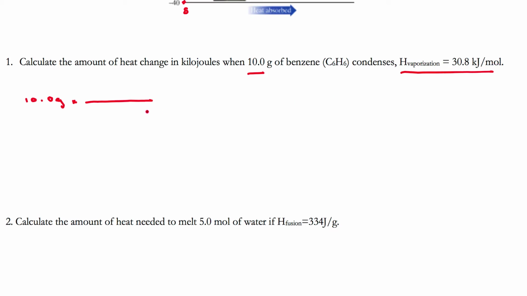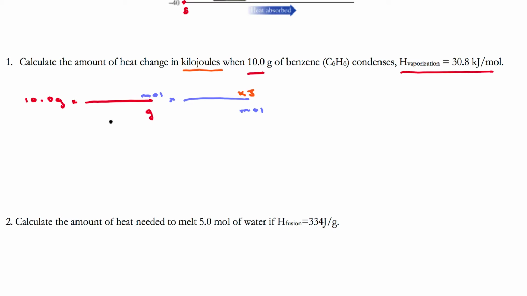So the first thing I have to do is get out of grams and get into moles. Once I'm in moles, then I can get out of moles and convert into kilojoules. And that's what I'm asking for, kilojoules, so I'm good to go.